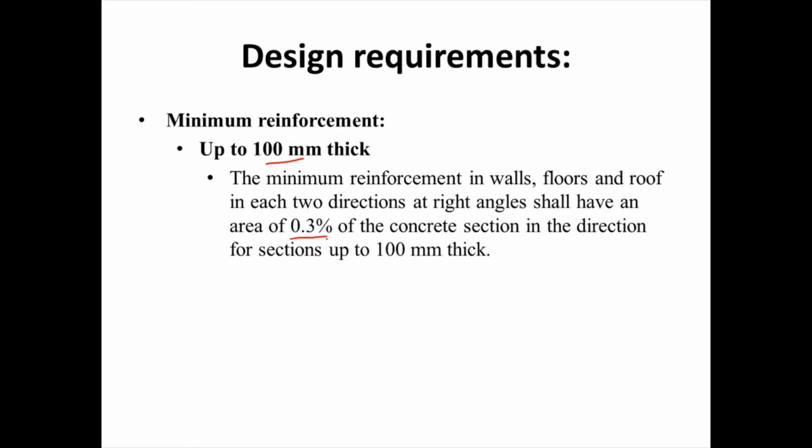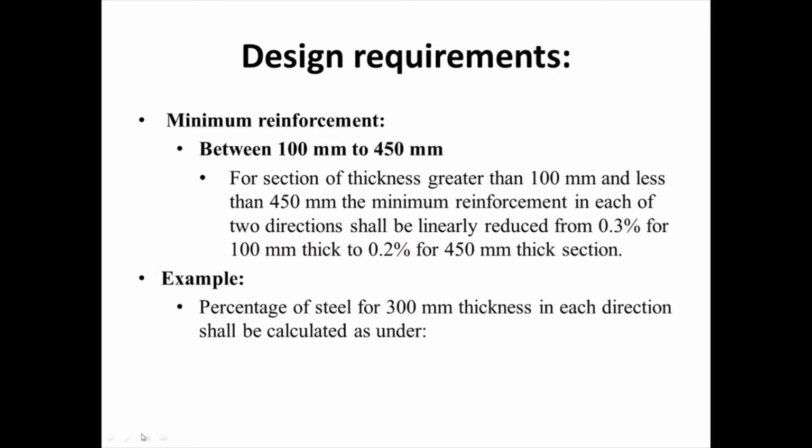Okay, 0.3% of the concrete section. Same thing here: first is 100 mm. If the thickness is not more than 100 mm, at that time the percentage of steel is 0.3%. Okay, first consideration.